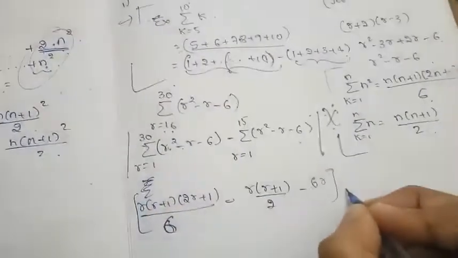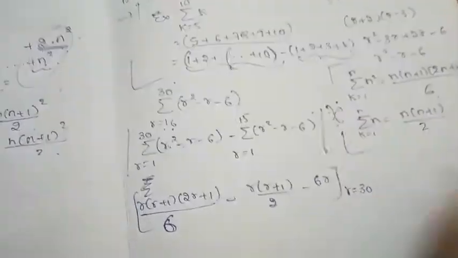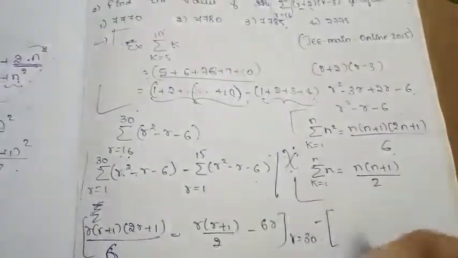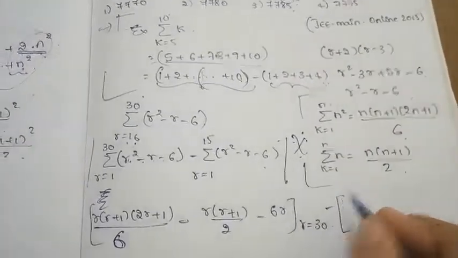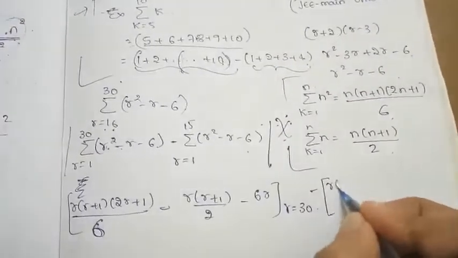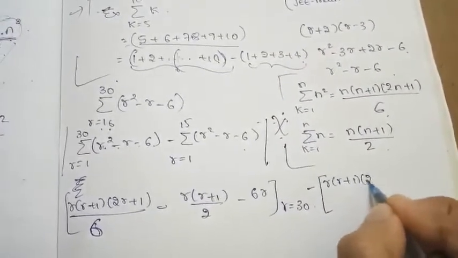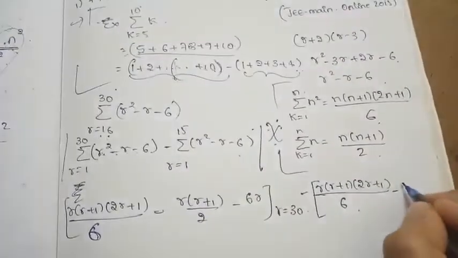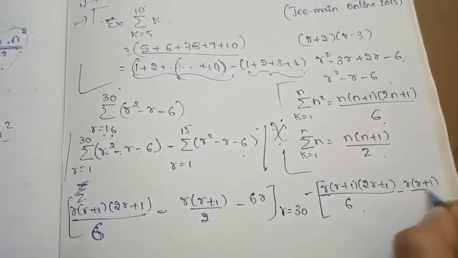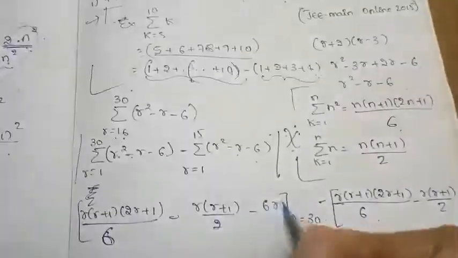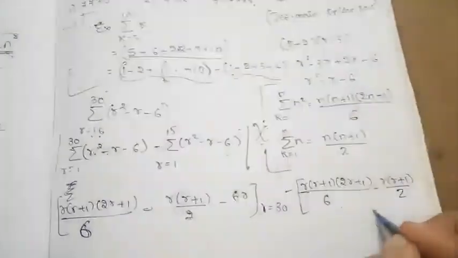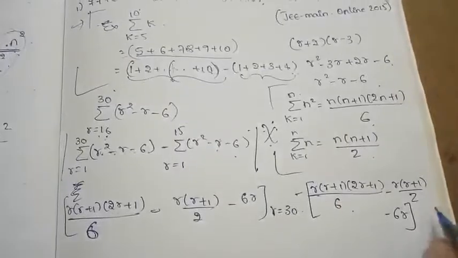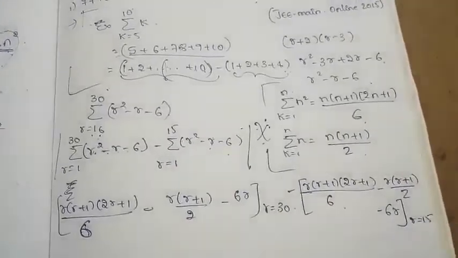Here the value of r is 30. Minus, again the same formula: r into r plus 1 into 2r plus 1 whole divided by 6 minus r into r plus 1 divided by 2, minus 6r, where the value of r is 15.